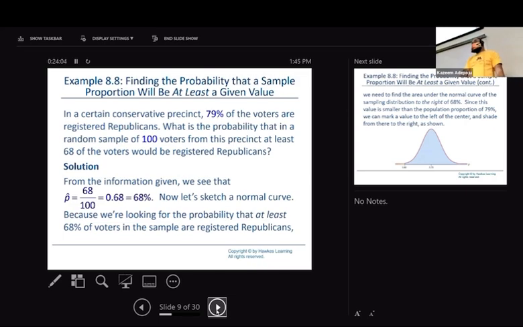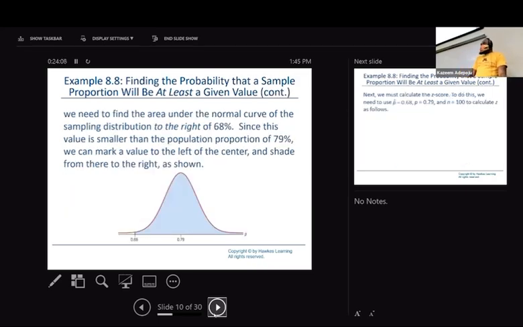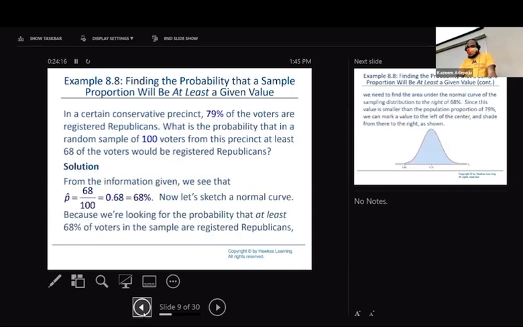Now, what do we want to do? We want to find the probability. When you look at the normal distribution, you were given the center, the population proportion, the value of the proportion before you took a sample at all.